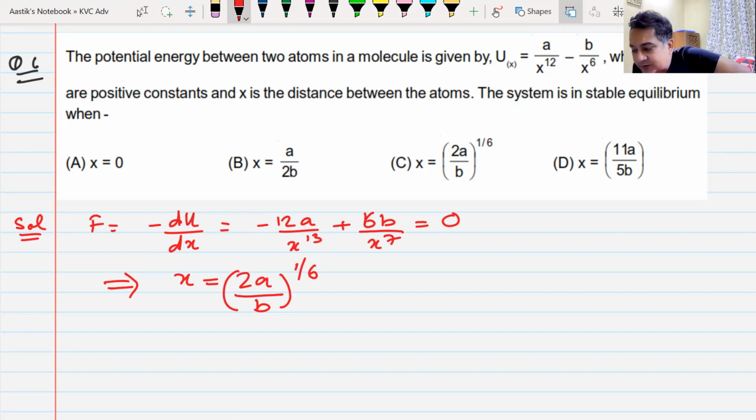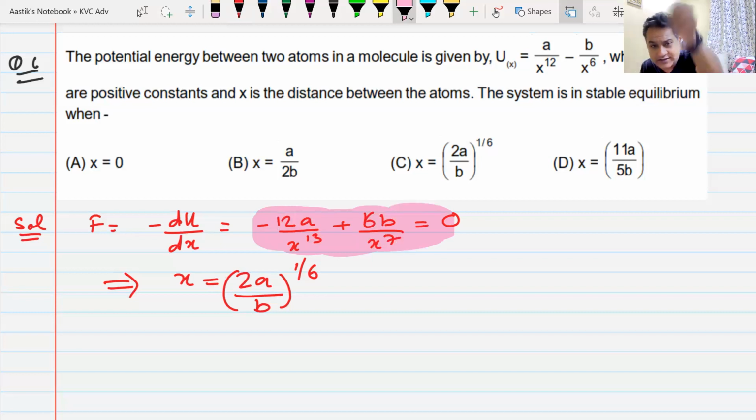It's a simple derivative. I hope you know how to solve this equation. Yes or no? It's simple maths, beta. It does not have anything except simple maths. Do we understand this, everyone? Every time a question of this nature comes, my dear friends, you have to do the same thing over and over again.